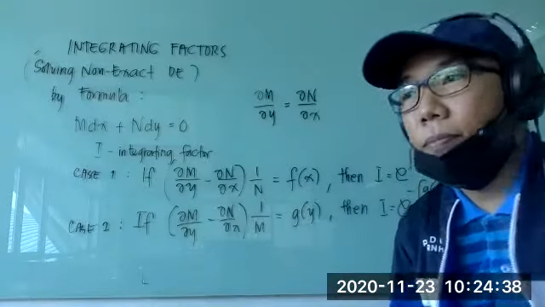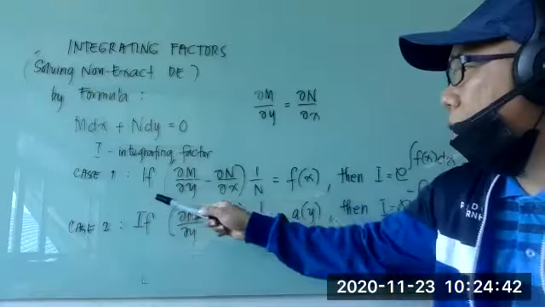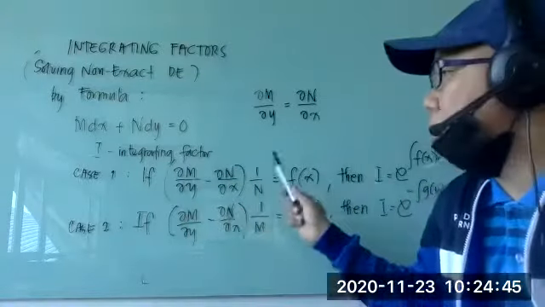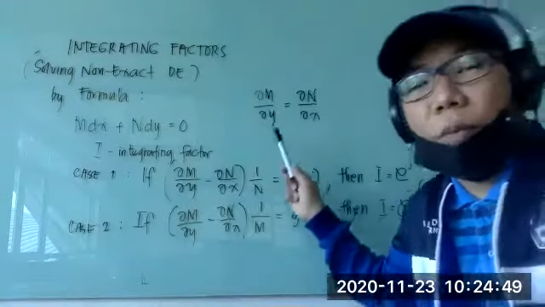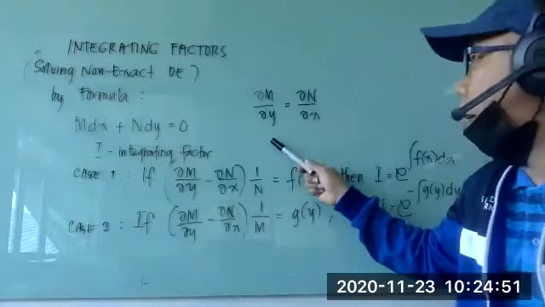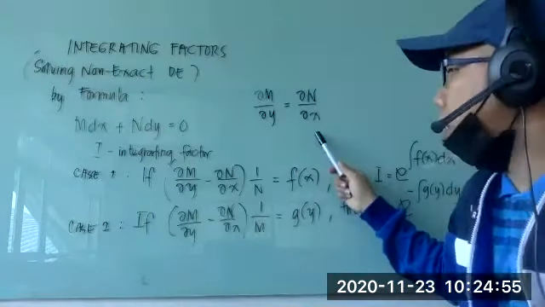Okay? Now, this is our case number 1. We have already done the testing, so we have the value for the partial derivative of M with respect to y, and we have the value for the partial derivative of N with respect to x.